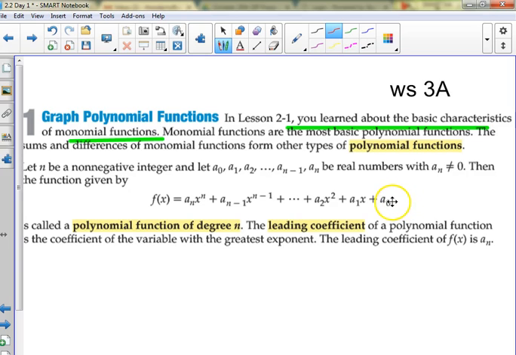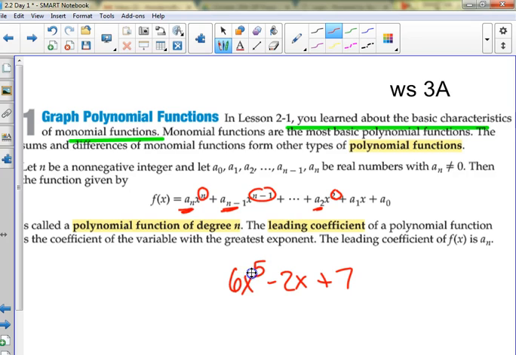It just means the exponents have to be real numbers, and the coefficients have to be real numbers, okay? So 6x to the 5th minus 2x plus 7, that's a polynomial function.